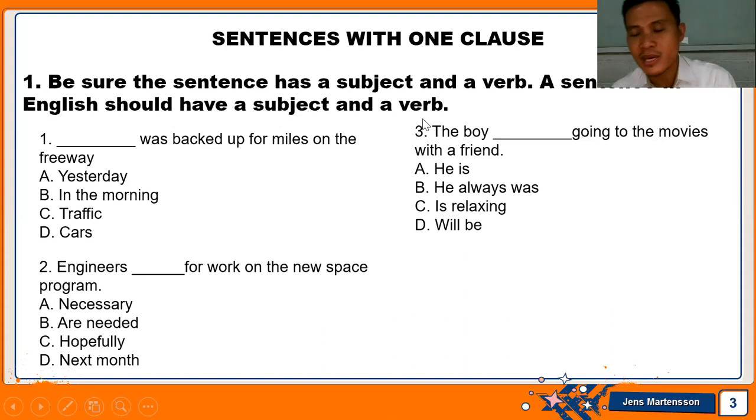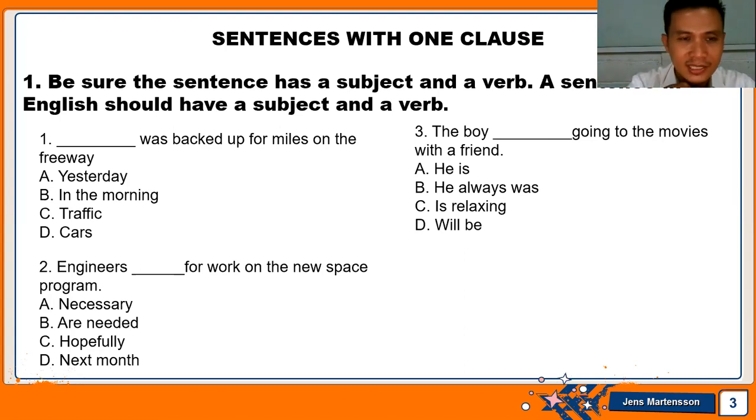Let me explain. When you're writing a sentence in English, or not only in English, a sentence must have a subject and a verb. Be sure that the sentence has a subject and a verb. It's a must. Minimum, it has a subject and a verb, or you can say predicate.